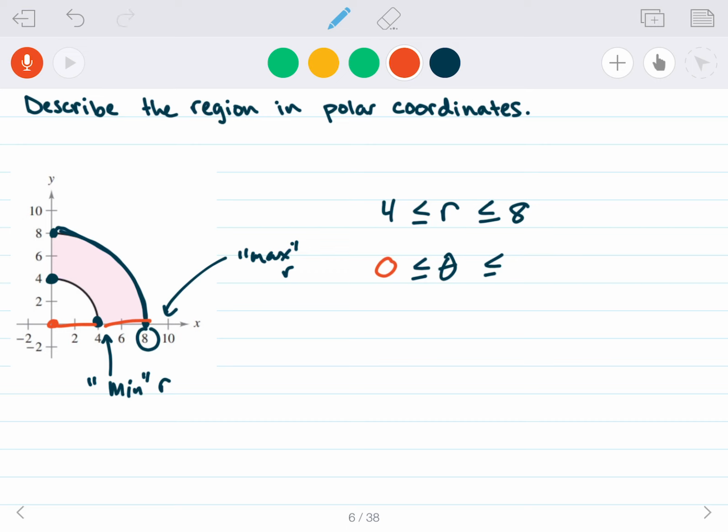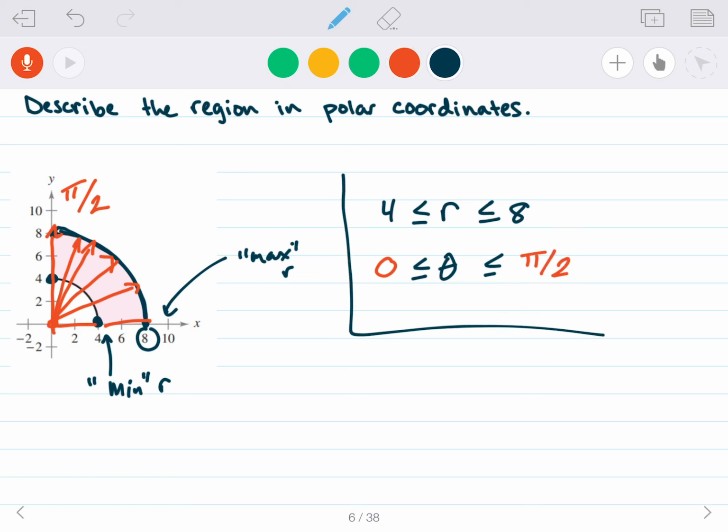And then it's going to sweep out this pink shape all the way up here until theta is equal to pi over 2. So those are my bounds for theta. So this is how we can describe this region just using a radius and an angle theta.